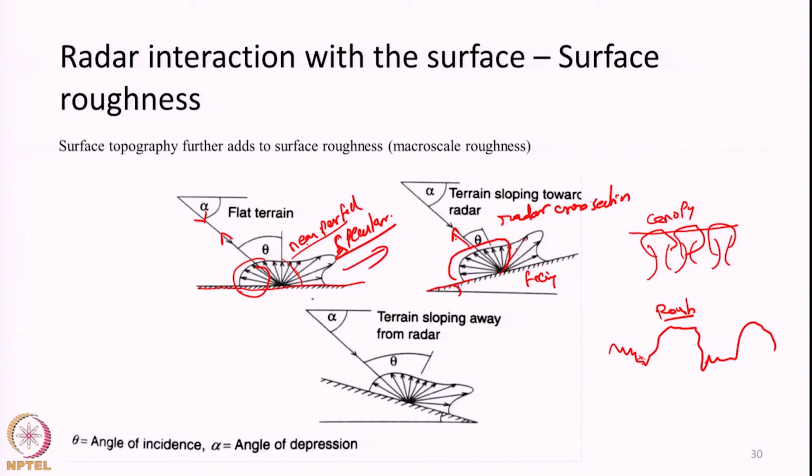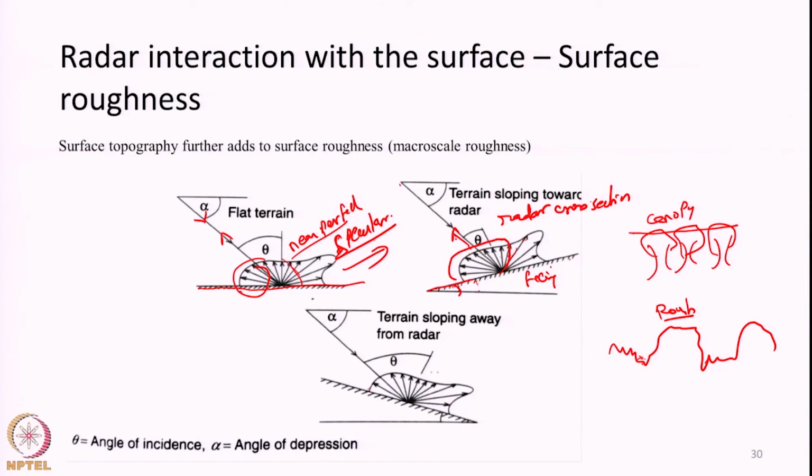So the same near perfect specular reflector on a slope facing the radar antenna sends a relatively higher fraction of energy towards the antenna.